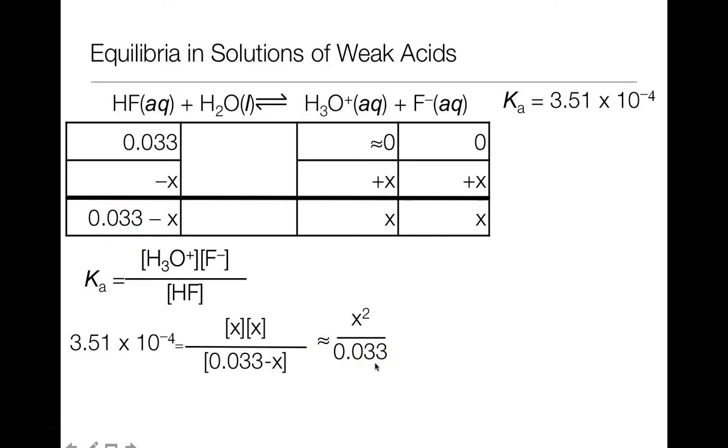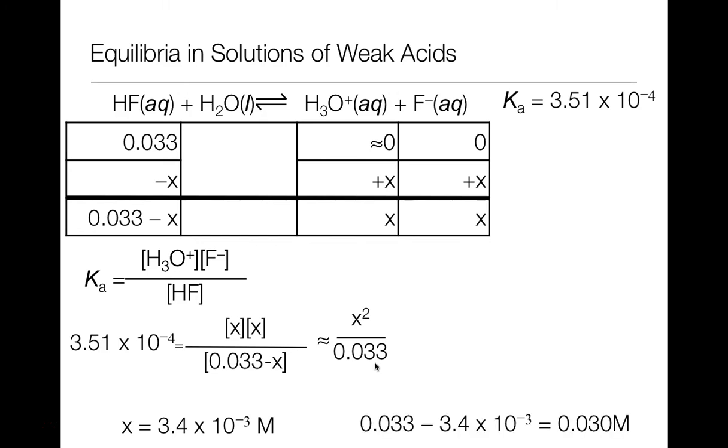We saw in our last hydrogen cyanide example that the percent dissociation was quite small, so it was a reasonable assumption. But let's go ahead with this. So we assume that the concentration of hydronium and fluoride is much, much less than 0.033. We can solve for x, and we end up with the concentration of HF, which is 0.033 minus x. So the final concentration of HF is 0.030.